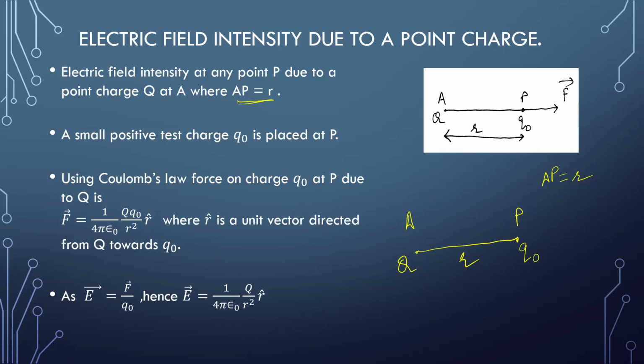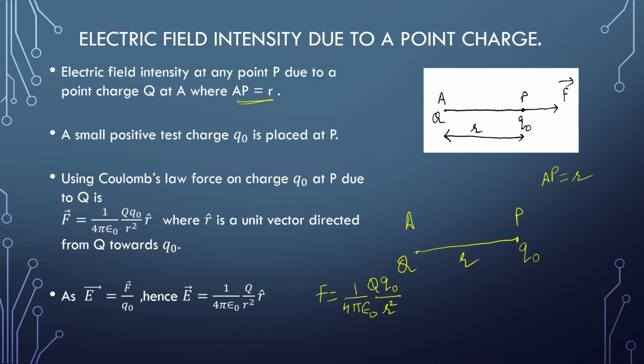According to Coulomb's law, we can write down the expression. F is equal to 1 upon 4 pi epsilon naught, and we are talking about vacuum. So 1 upon 4 pi epsilon naught is the electrostatic force constant, into capital Q, which is the source charge, into the test charge Q naught, upon r square.